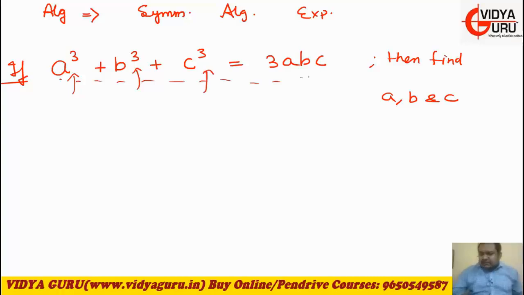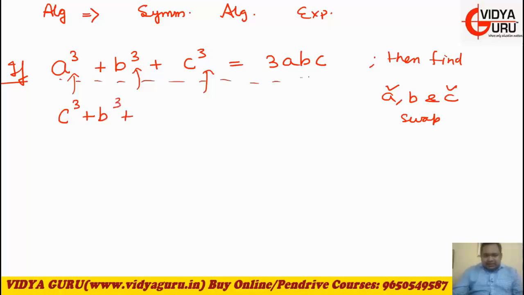The best way to understand is to choose any two variables among the given variables. I choose A and C and swap their positions. In place of A cube, I now write C cube. B cube remains as it is.